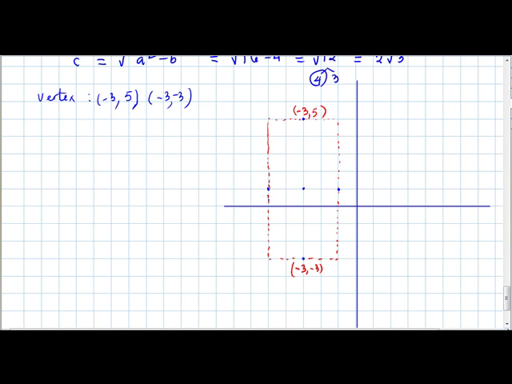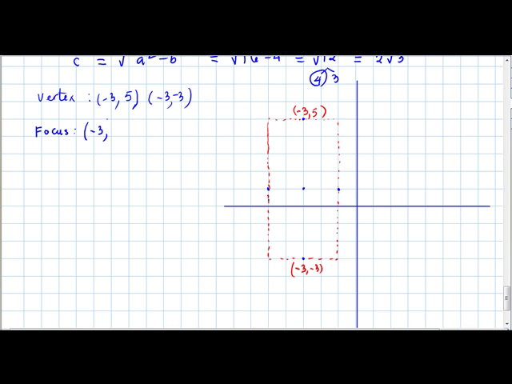Now our focus should be from here. I go C units up and C units down. So the point will be minus 3.